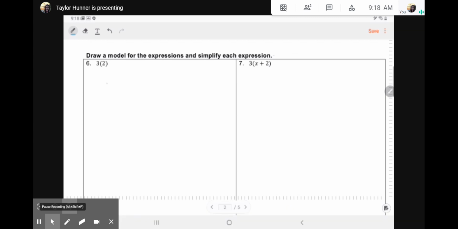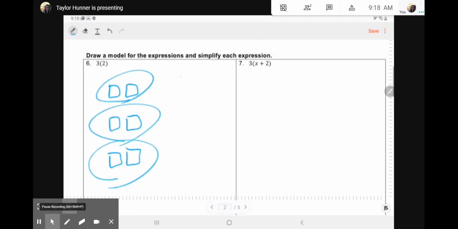Okay, well 3 times 2 is 3 groups of 2. So I have 1, 2, 3 groups of 2. And when I simplify 3 times 2, that just gets me 6 as my answer. This is saying that I have 3 groups of x plus 2. So I have to draw my, whoa, that's not an x.